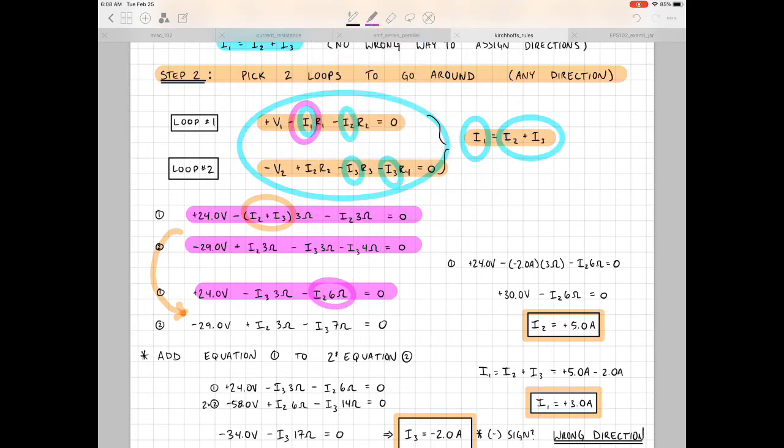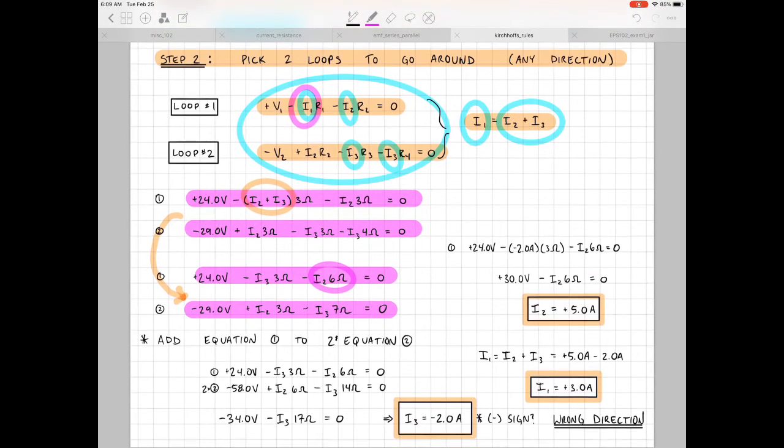So I have I2 times 6 ohms rather than two separate minus I2 3 ohms. And then down here, I've essentially done the same thing. I've added together the minus I3 terms. I had a 3 ohm and a 4 ohm term, and so those add together for 7 ohms. So now I've got my two equations and two unknowns in about as simple a form as I can get them.